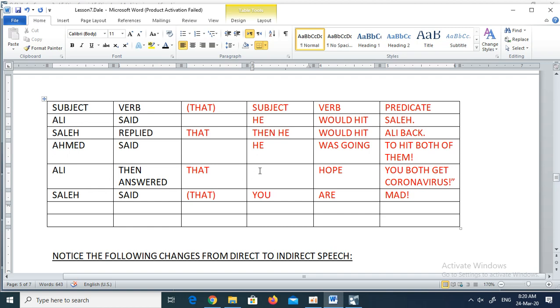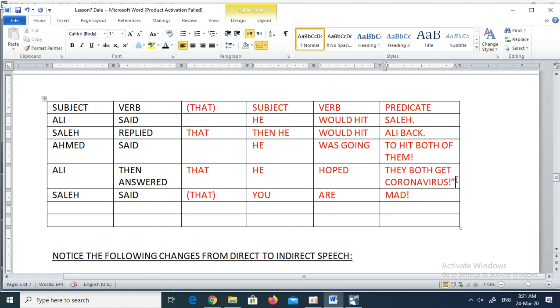And it's no longer Ali speaking, it's now Ziad. So he says he, not I. The verb goes further into the past tense. He hoped. Not you both get coronavirus because Sally and Ahmed are not there any longer. So the subject of the subordinate clause goes to they both get coronavirus.